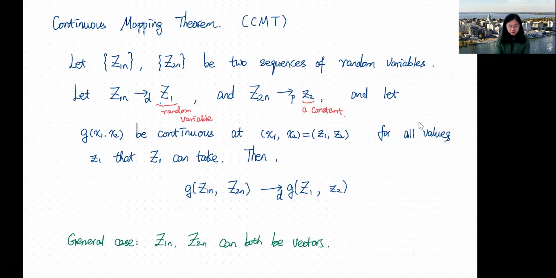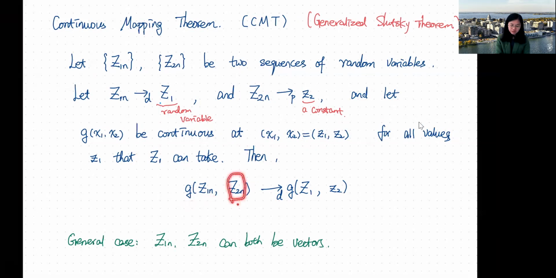So this is one version of the continuous mapping theorem, sometimes also called the generalized Slutsky theorem. It says that a continuous function preserves convergence in distribution.